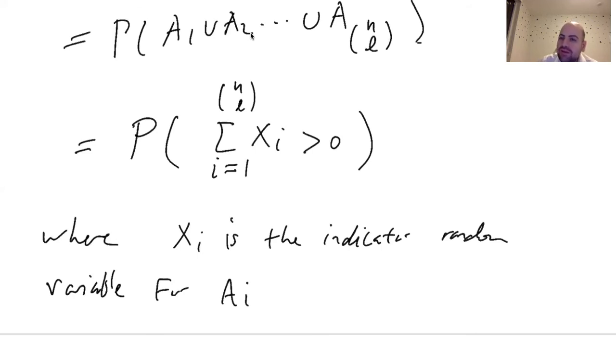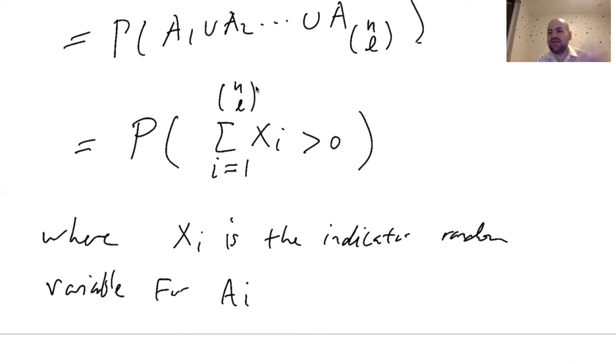Well, I'm interested to know whether at least one of these A_i's would occur. If one of these A_i's occurs, that means the indicator random variable for that is 1. So at least one of these A_i's occurs if and only if at least one of these X_i's is positive, and at least one of these X_i's is positive if and only if the sum is positive.